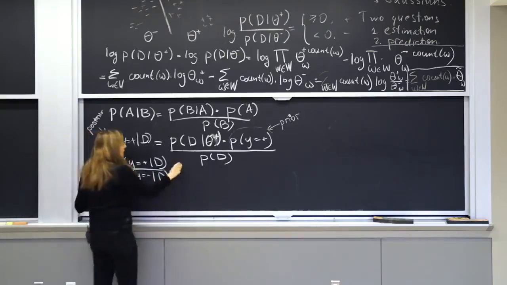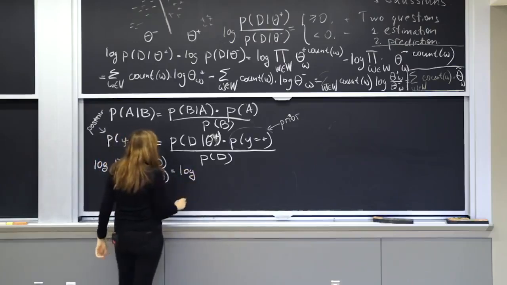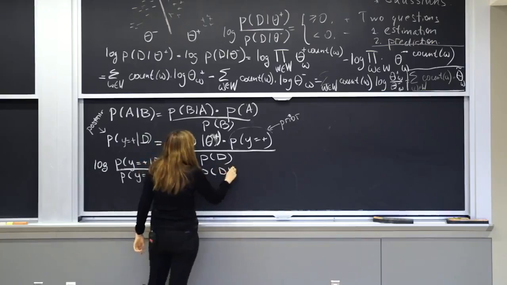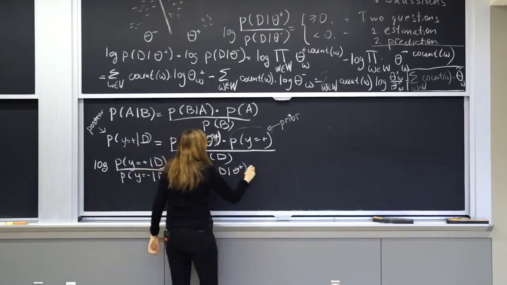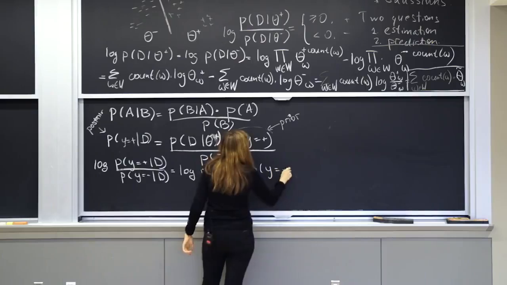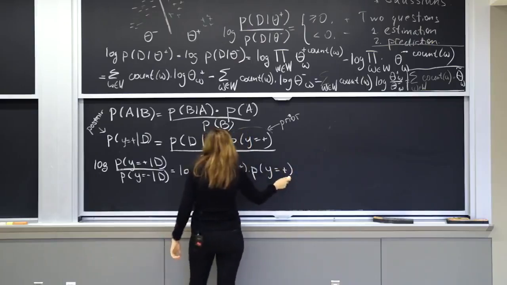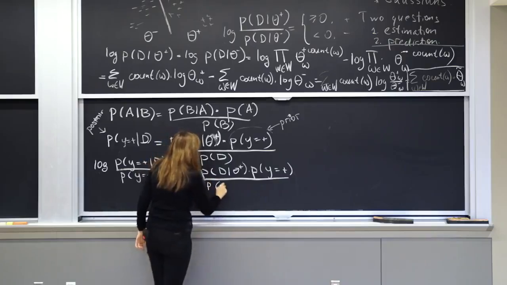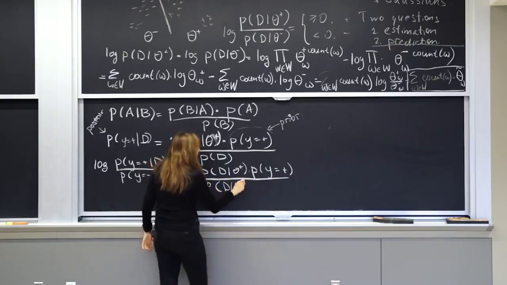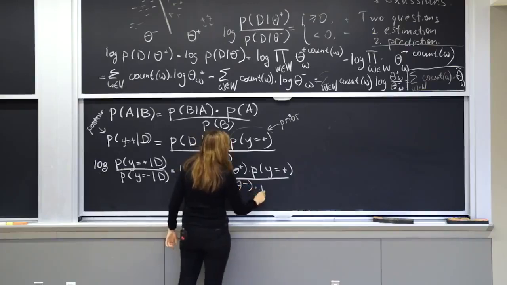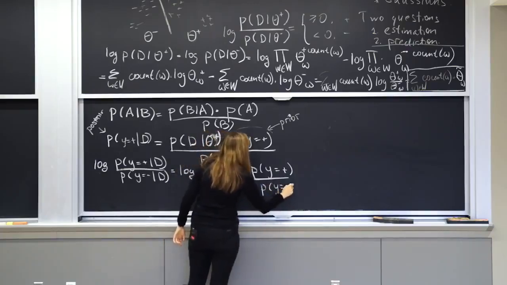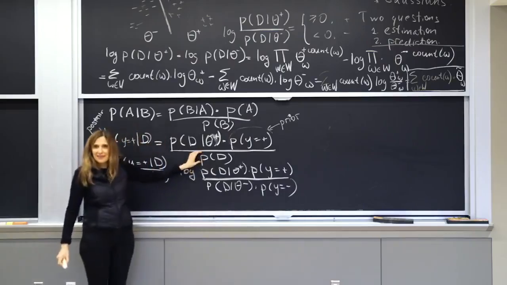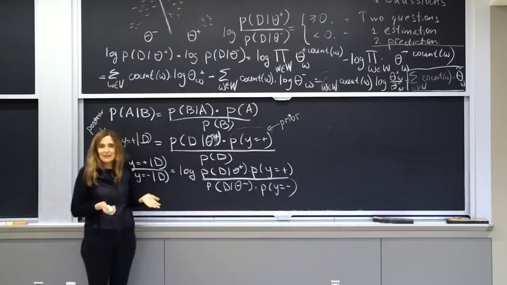In other words, we're looking at the log of P(d|plus) multiplied by P(y plus) divided by P(d|minus) multiplied by P(y minus). And you can see that the probability of the document disappeared here because we can just cancel it away.